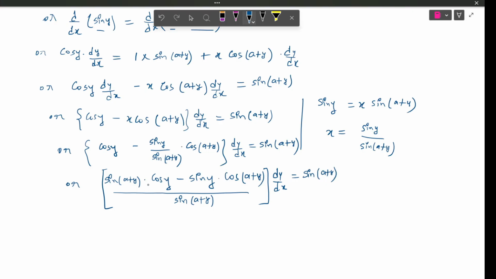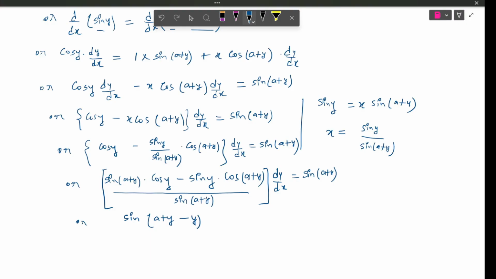Okay. Now, this is the form of sine of a plus b. Sine a cos b minus cos a sine b. This is sine of a minus b, or sine of a plus y minus y.